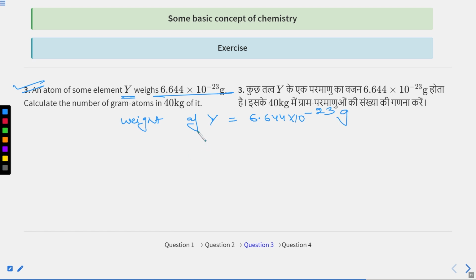Calculate the number of gram atoms in 40 kg of it. We have to calculate the number of atoms in 40 kg. 40 kg means you can say 40,000 gram.